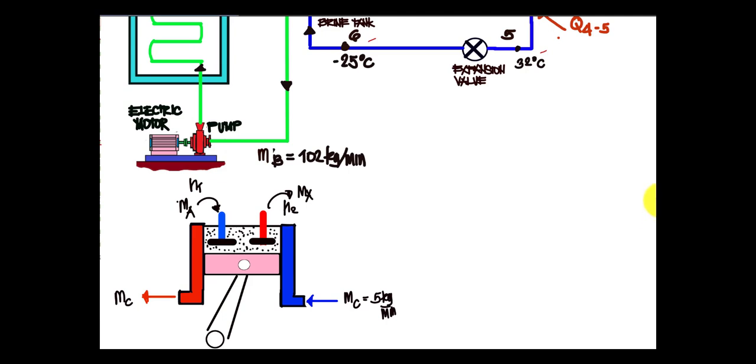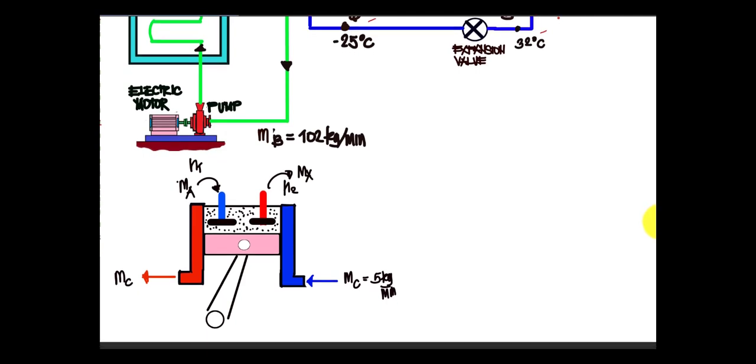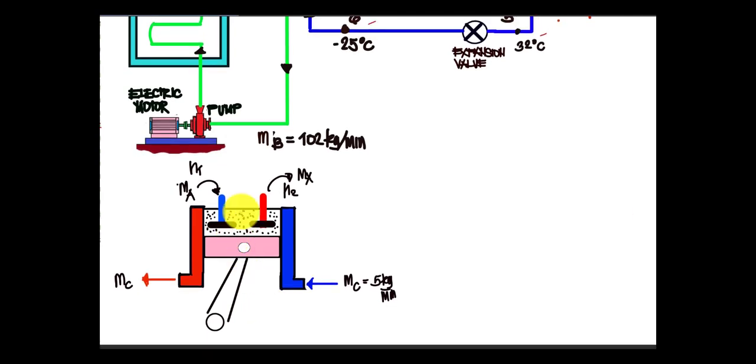Then we will be supplying the work. There is work supplied during the compression stage, so I'm going to put an arrow here to represent the work being supplied. We need to supply the work in order to compress the air.